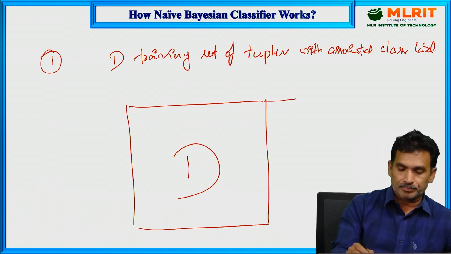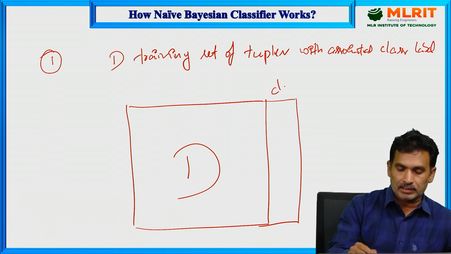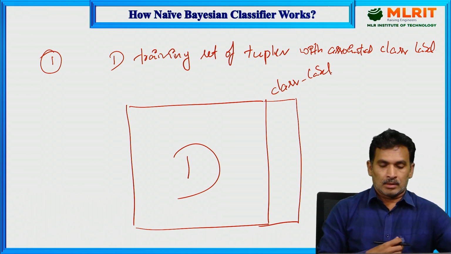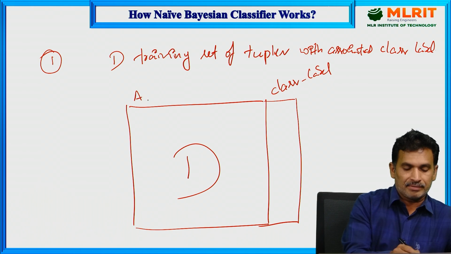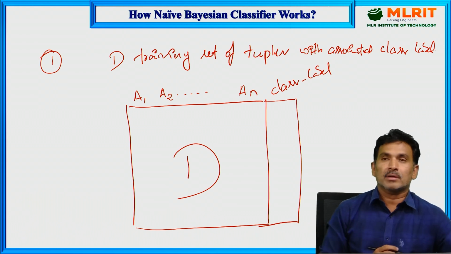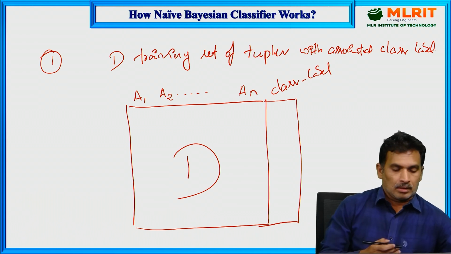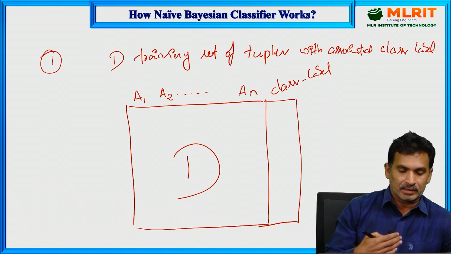Let us say the last column represents the class label. And it has n number of attributes, a1, a2, and so on, an. Any data set would contain n number of tuples.